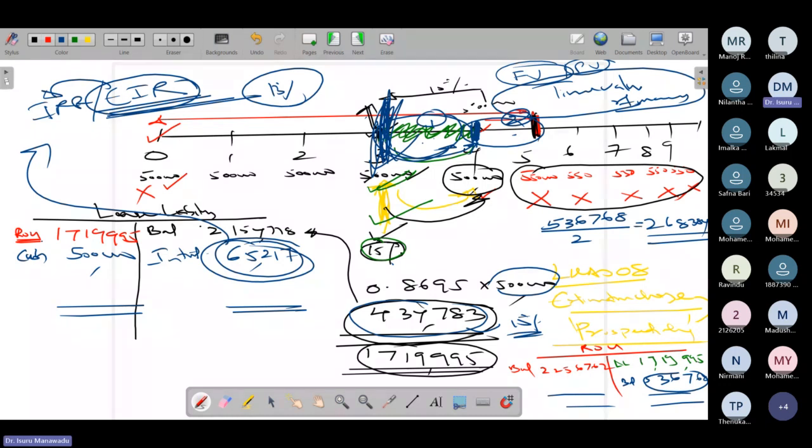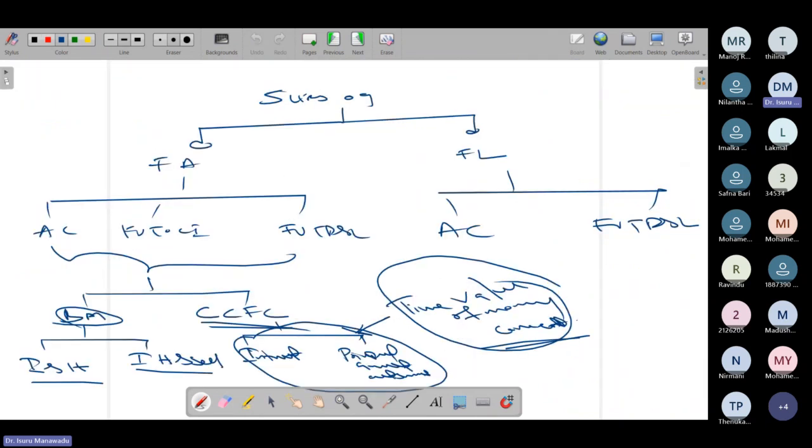As per the standard, it says solely payments of principal and interest. Let me write it.